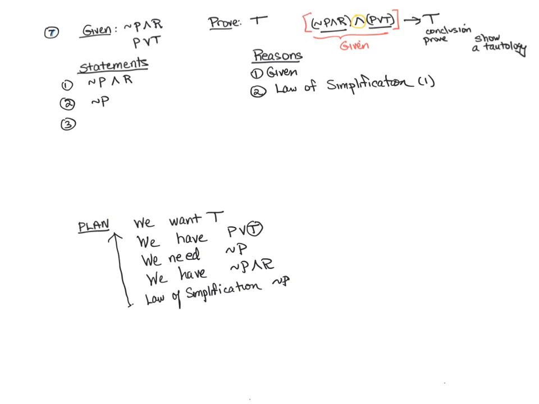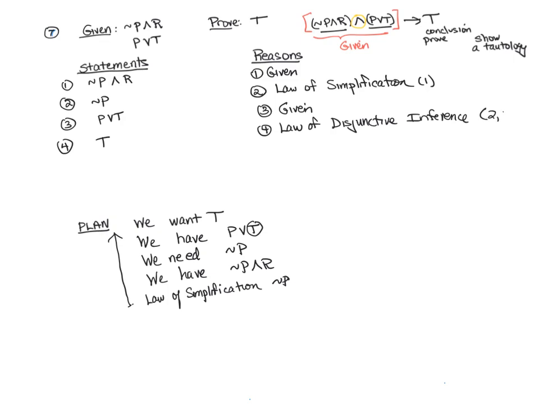Then we'll put down P or T, and that's given. And then we conclude T, law of disjunctive inference from steps 2 and 3.